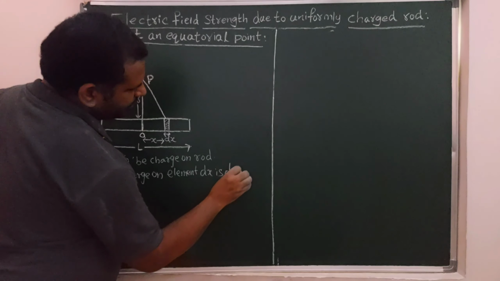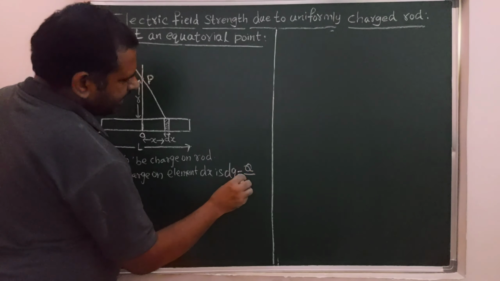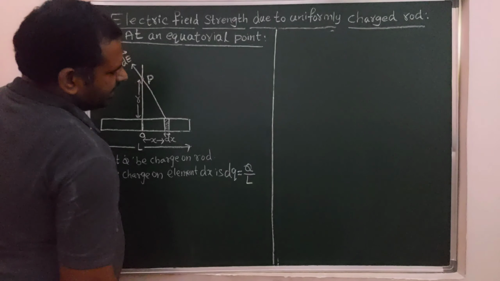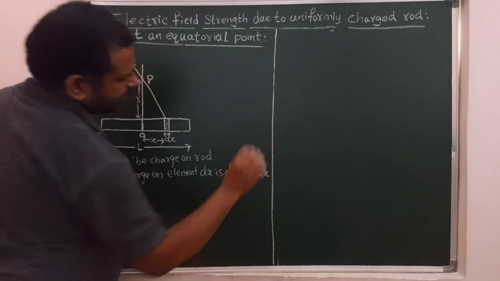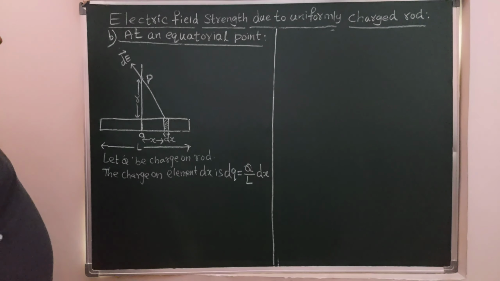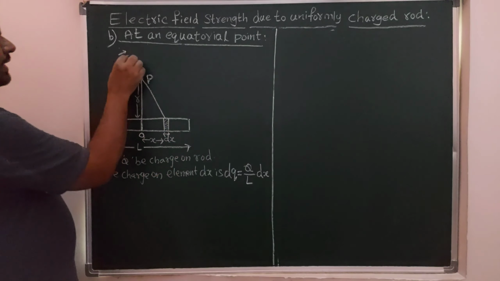We can write dq as the total charge on the rod divided by the total length of the rod, into the length of this element, that is dx. Now we know the charge on this small element, so we can write the dE value.